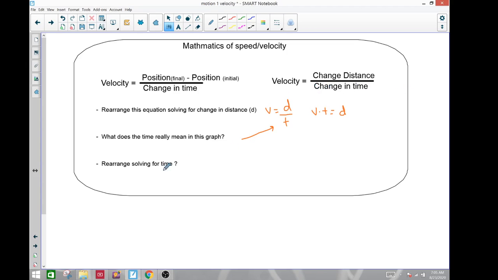So rearrange solving for time. Okay, so now time is equal to distance divided by velocity. So make sure we're starting to look at how we rearrange these things. Now, just algebraically, we have velocity is equal to the change in distance divided by the change in time. As long as we're not having addition or subtraction, then things just move diagonally.